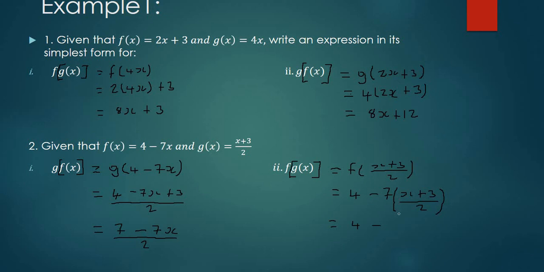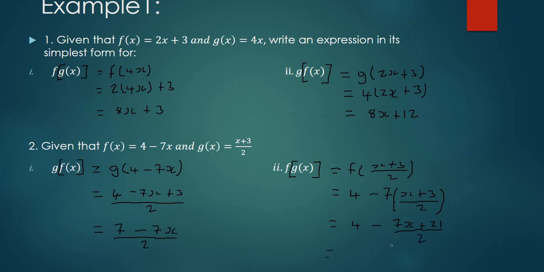So 7 times x, that's going to give us 7x. And 7 times 3, that's going to give us a positive 21, all over 2.